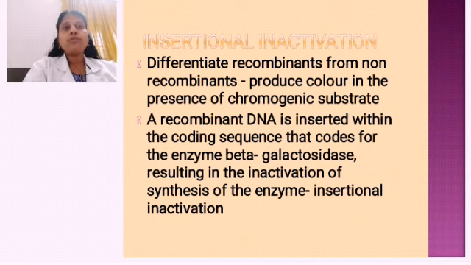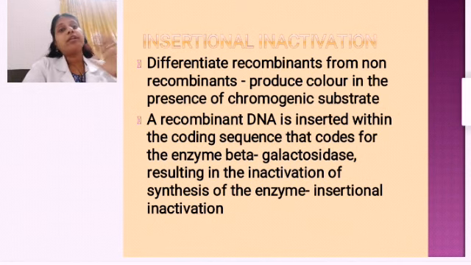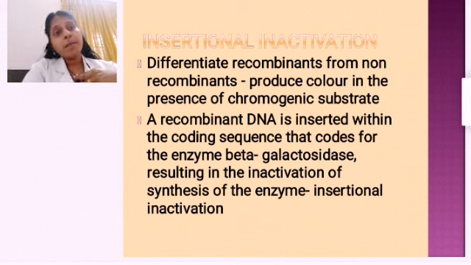In order to differentiate between them, I need what? A marker. So that one we call the selectable marker. The recombinants or transformants will be representing the marker, but the other one will not, right? So for differentiating recombinant from non-recombinant, we need a selectable marker.